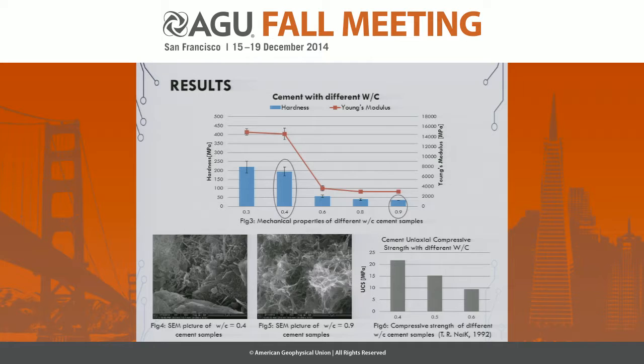As the water cement ratio increased from 0.4 to 0.6, the compressive strength reduced more than 50%, while the hardness reduced about 60%. We are expecting the hardness and the compressive strength can be correlated after we measure our own compressive strength on the samples.